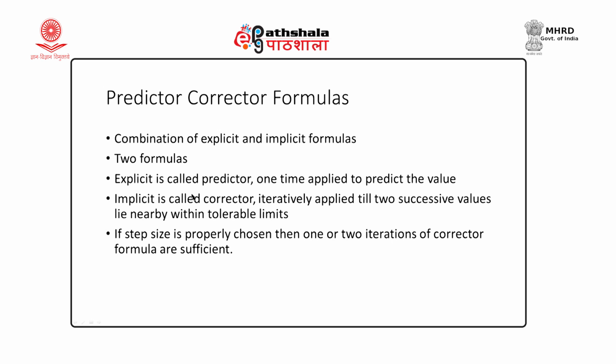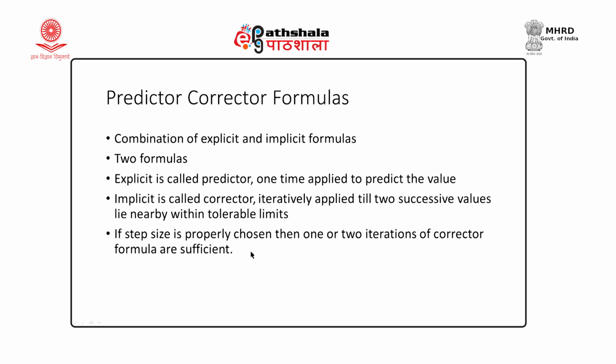So we use two formulas, and the corrector is applied iteratively till two successive values lie within the tolerable limits. If the step size is properly chosen, one need not go beyond 1 or 2 iterations; the value stabilizes and you get the answer correct to a number of decimal places.